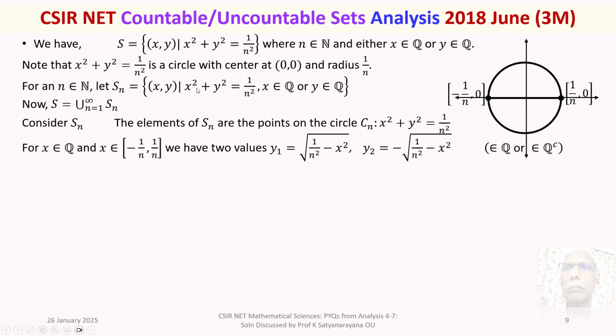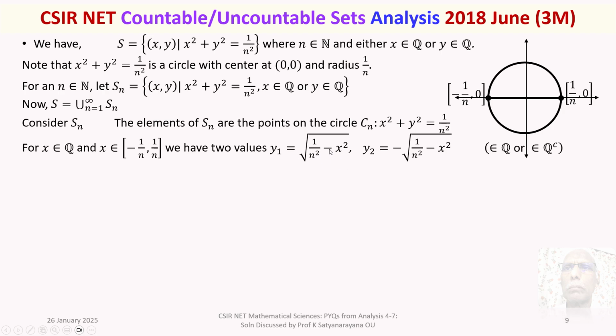So x is in Q, means y square will be 1 by n square minus x square. Then taking the square root, you will get plus or minus the square root of 1 by n square minus x square. Call that y1 as the square root of 1 by n square minus x square with plus sign, y2 with a minus sign. So corresponding to x belongs to Q intersection the closed interval minus 1 by n to plus 1 by n, we get two values y1 and y2.